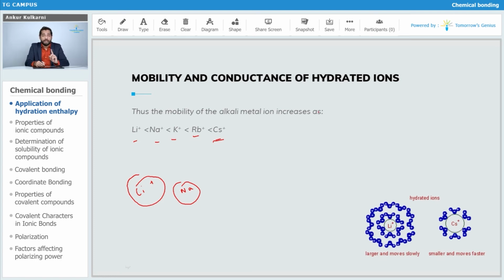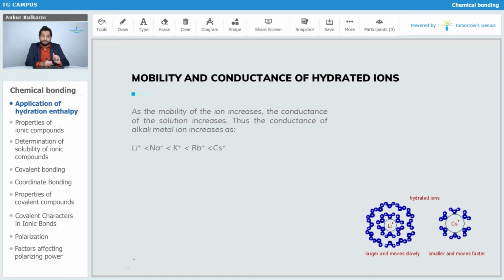Hence the order is something like this: cesium, being the largest atom with the smallest hydrated ion, has the highest mobility. Then comes rubidium, then potassium, then sodium, and then lithium plus 1 in the case of mobility. I hope this is very clear to you after this example.